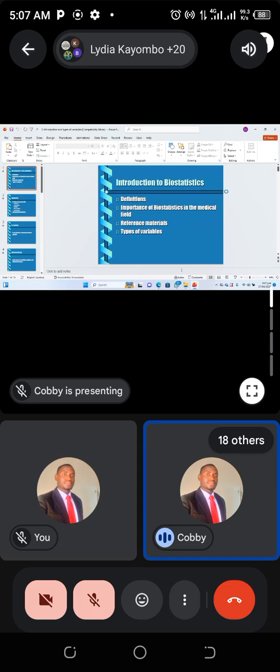So biostatistics is a powerful tool that can help us to understand the relationships between the cause and the effect.